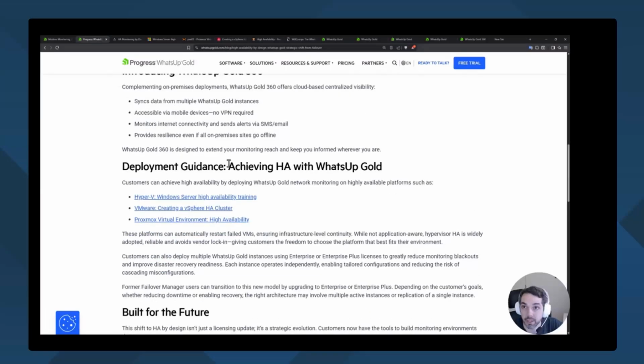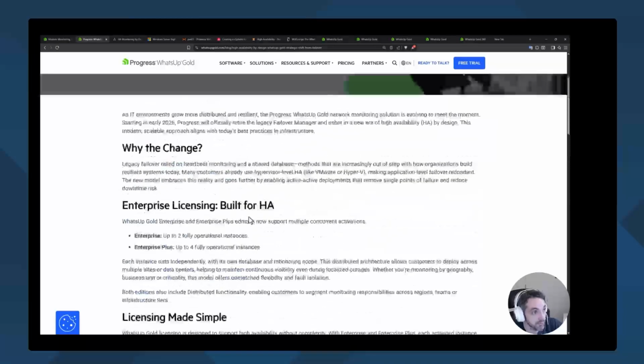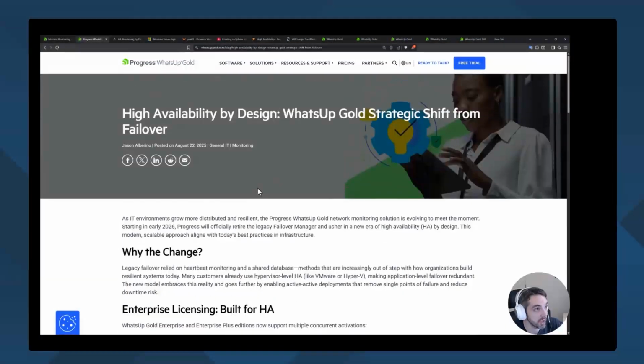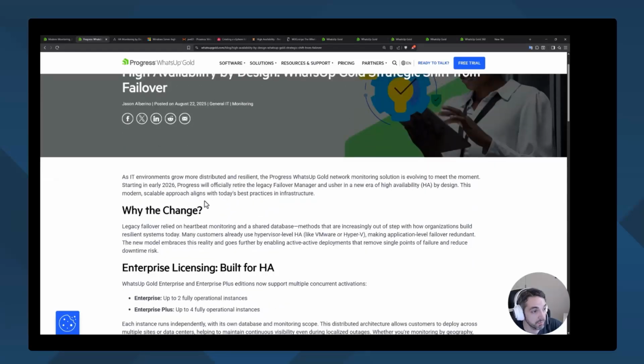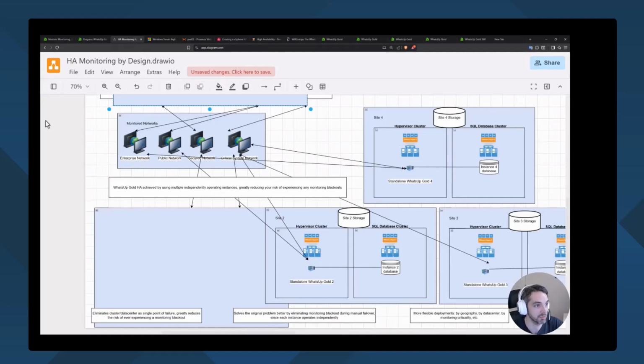It also includes some deployment guidance, like how can you actually achieve HA with what we're describing, and how it's built for the future. I'm not going to read through the entire blog post. Instead, I'm going to walk through some of why the change, and we'll go to the next one.